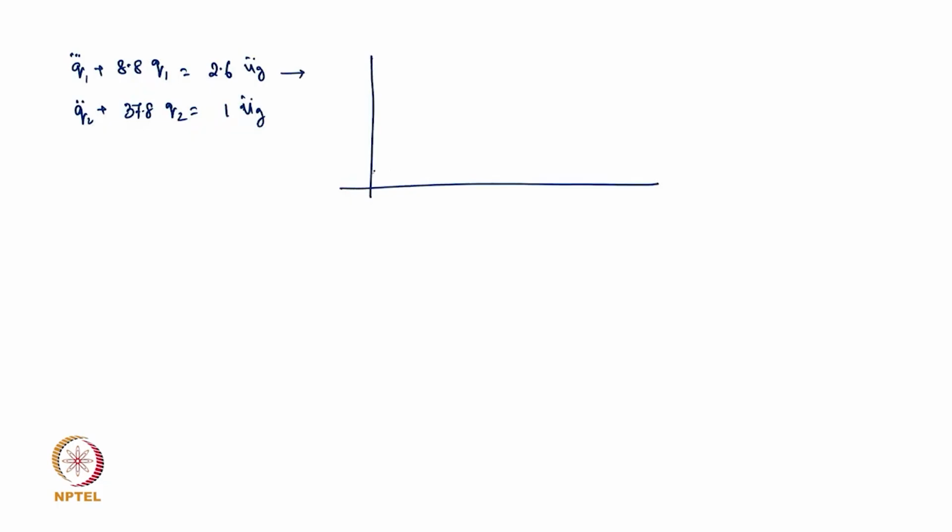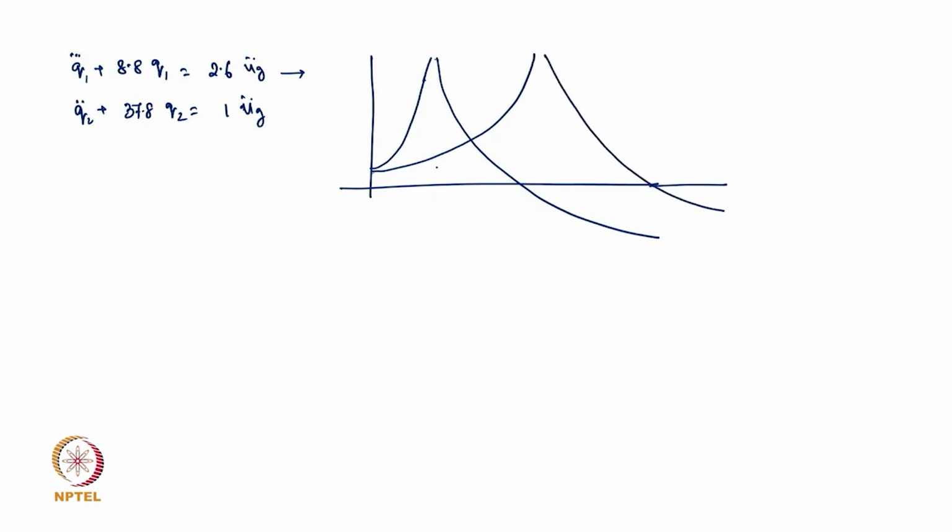the first case it will go like that. We will have the diagram like this, which is the dynamic amplification factor diagram, if you remember. Then the second case it will go... In the first case, this one is how much?